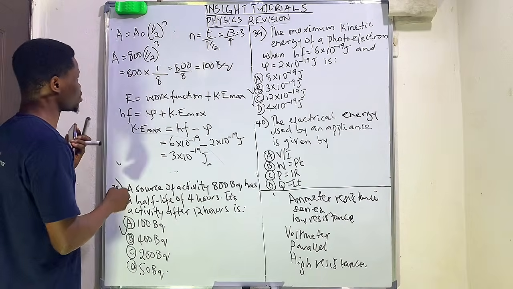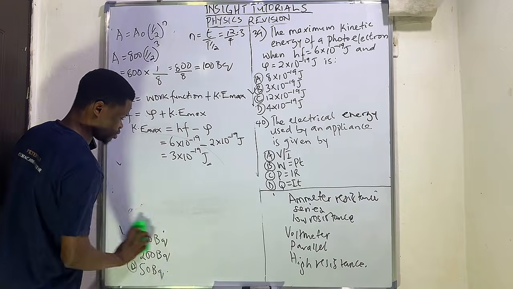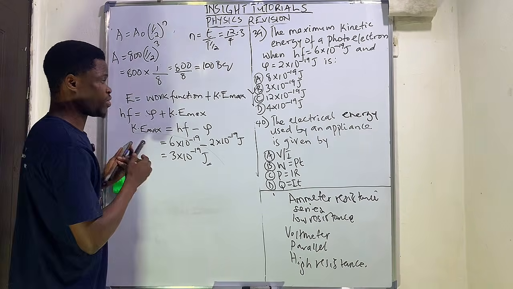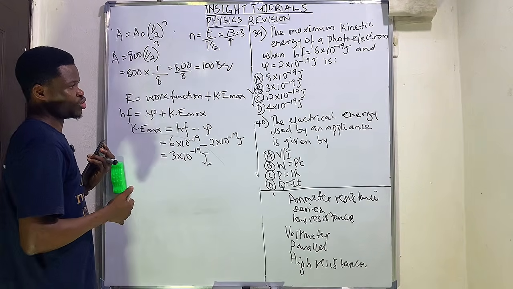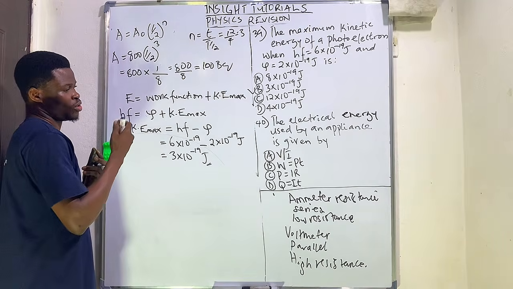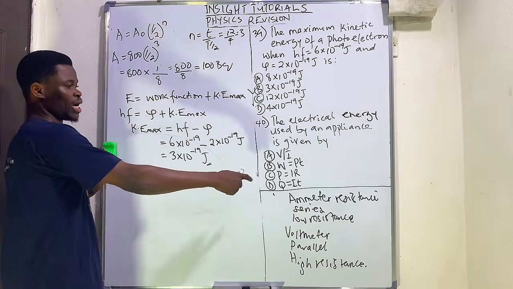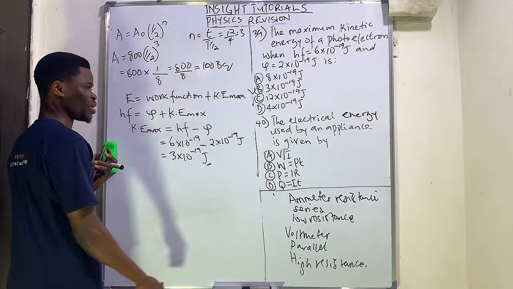The next question says that the electrical energy used by an appliance is given by, option A says V over I, C says W is equal to Pt, and P equals to I R, and D is Q is equal to It.